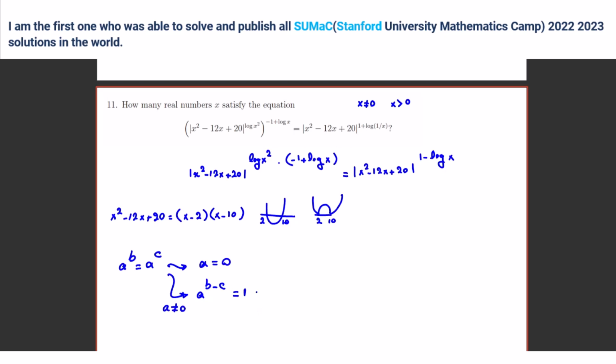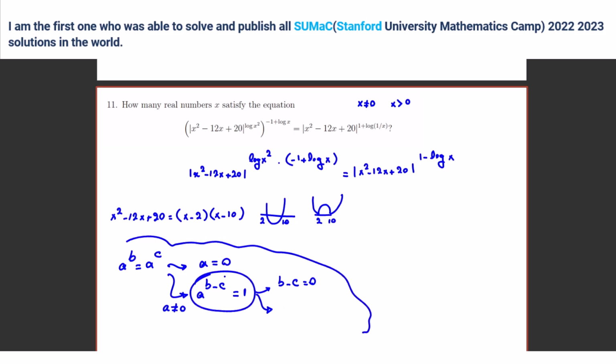So we can say b minus c is 0 in this case. What is the other case for this to be 1? a is 1, right? The other case is what? a is -1, and b minus c is even.